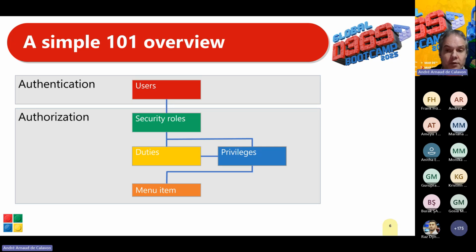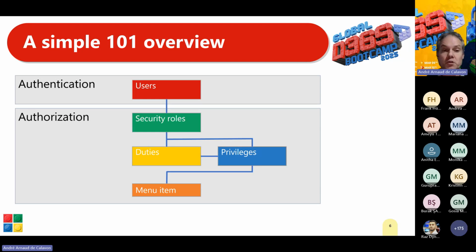There's also a line from the privilege to the security roles, meaning that it is possible to directly link a privilege to a security role. But if you look at best practices, it would be better to follow the standard process: a role, then duties, and each duty will have certain privileges.